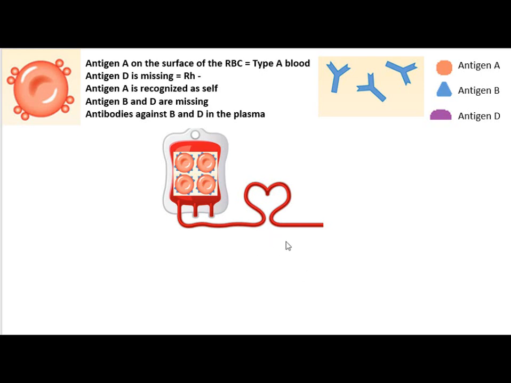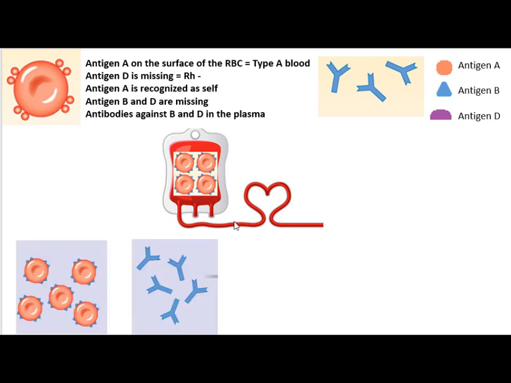Let's assume that this body was given blood type B. What is going to happen? If blood type B is given to this individual, those are the B antigens. This is blood type B because it contains that type of antigen. You see the surface of the blood contains those antigens.